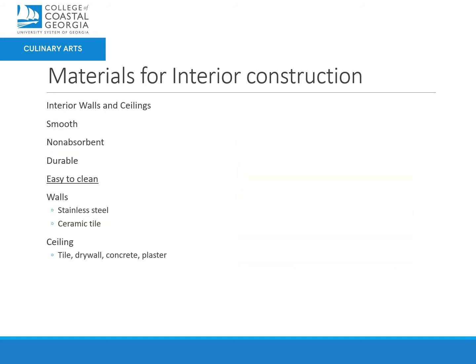So just like there are best materials for the floor, there are best materials for the walls and ceilings. And what's really important is that they are smooth. So again, you can't have a textured surface, because you don't want anywhere that dirt can stick and hide. It needs to be non-absorbent, so it can't absorb moisture and lead to problems potentially with bacteria.